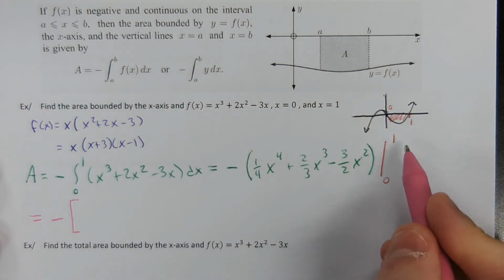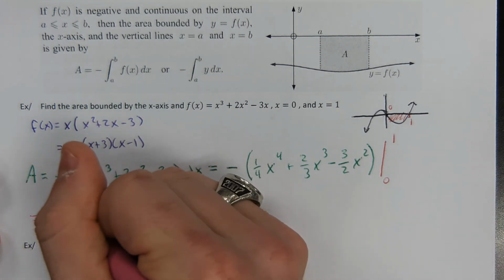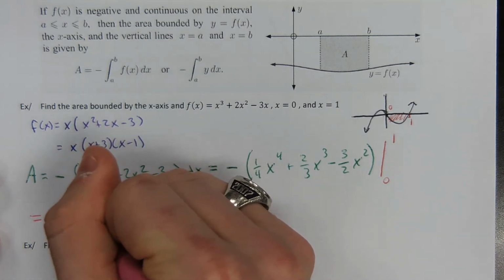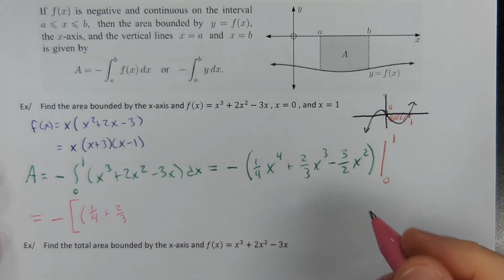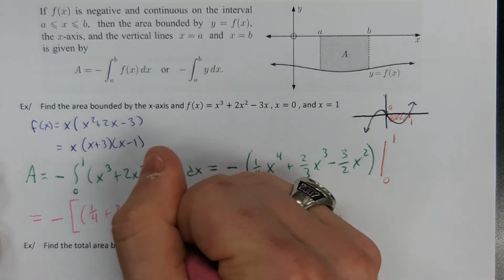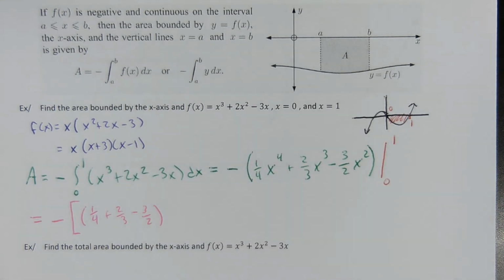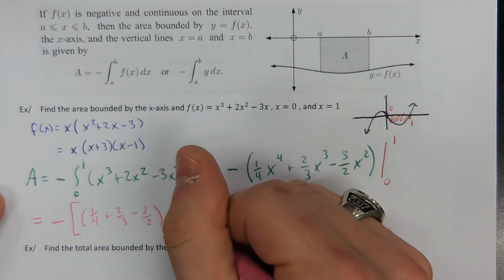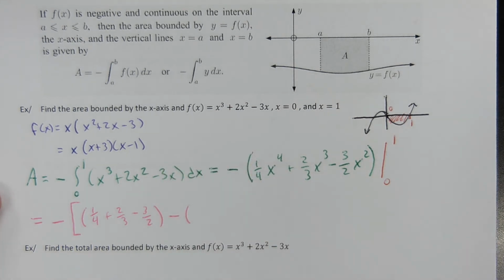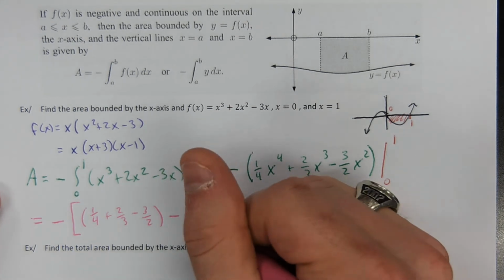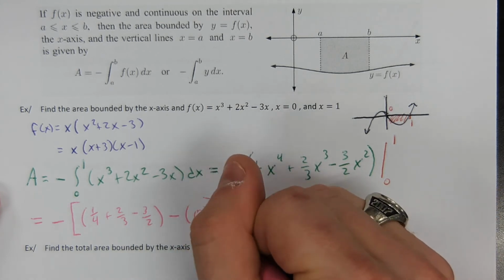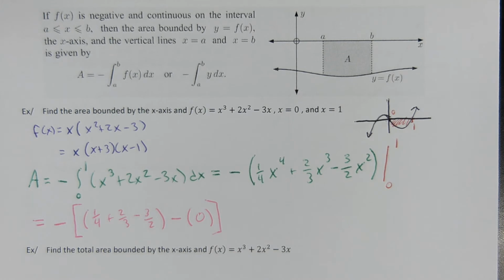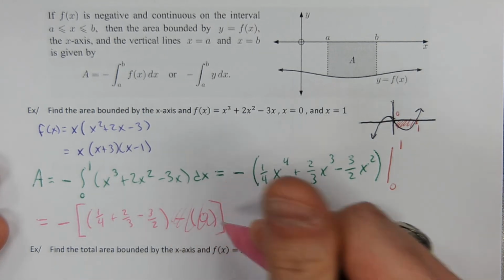First things first, plugging in a 1 to all of this is going to give me 1/4 plus 2/3 minus 3/2, minus, now you plug in a 0 everywhere. Oh look, it's just going to be 0 plus 0 minus 0. So it really does nothing.